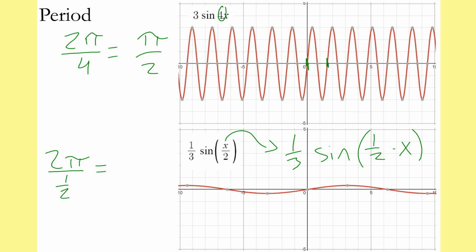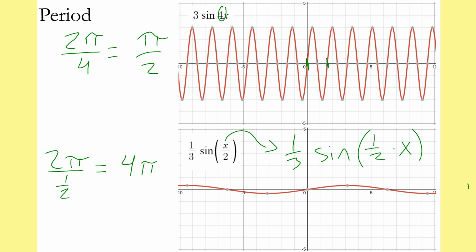Keep, change, flip. We get 4 pi. And notice it's off my graph, right? Because 4 pi is going to be over 12, and that's at 10. So it's going to be somewhere over here. And that's how you get the period.